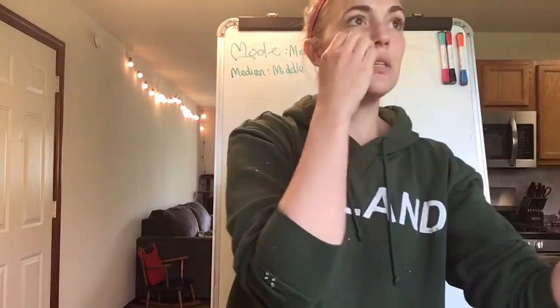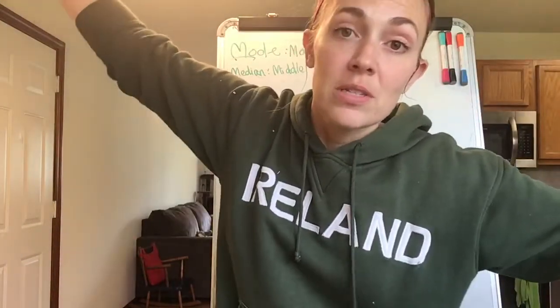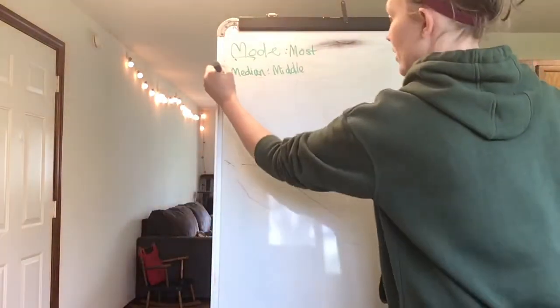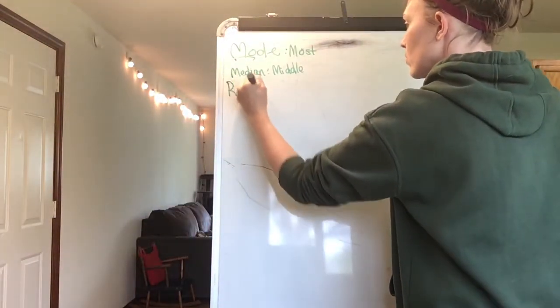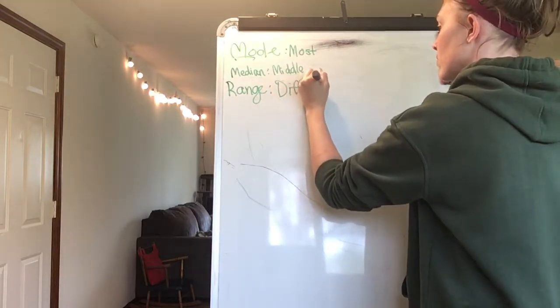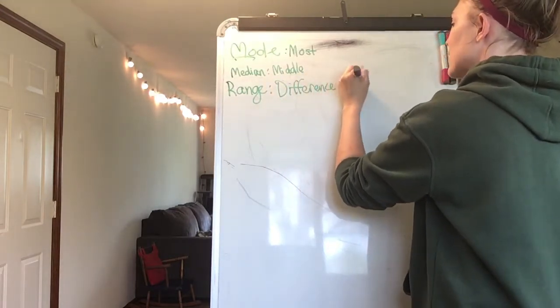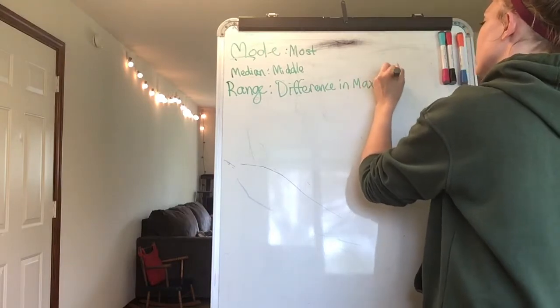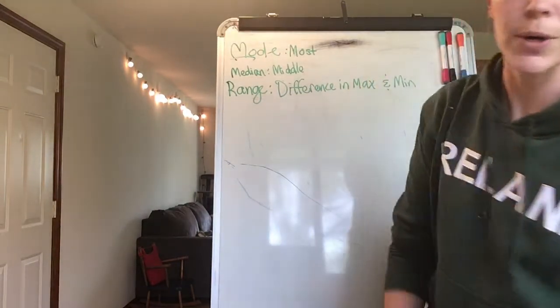And so in a data set, it's the range, the distance between your lowest number and your highest number. So in order to find those, you find the difference of your lowest and highest number. So range is the difference in your max and your minimum number.